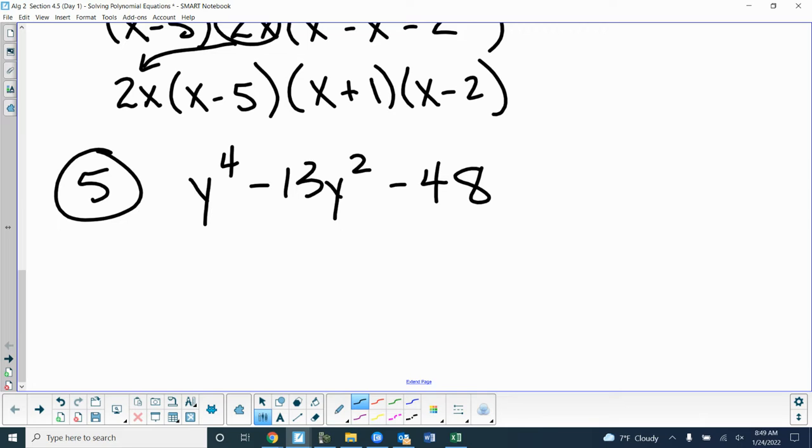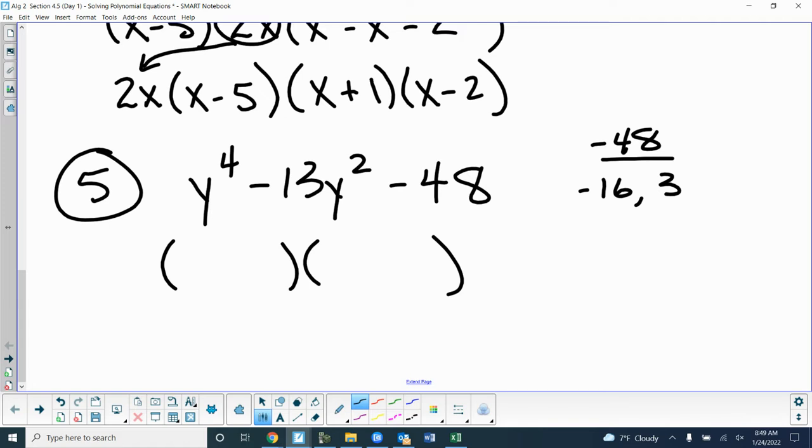So I'm looking for factors of negative 48 that add up to negative 13, which is negative 16 times positive 3. When you multiply those two, you'll get negative 48. When you add those two, you'll get the negative 13. Okay? So all you gotta do is put minus 16 and plus 3 here, right?